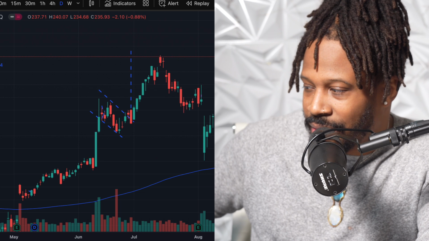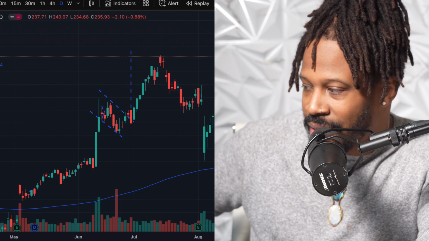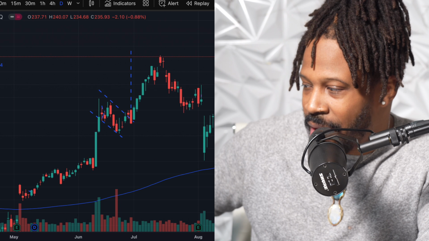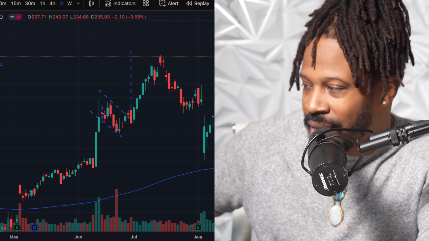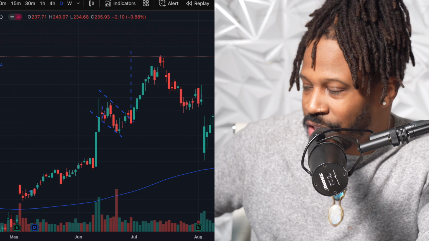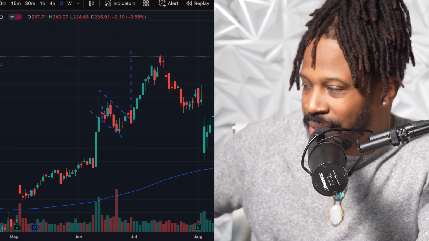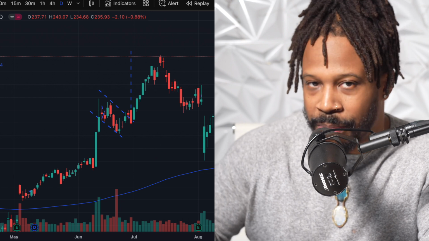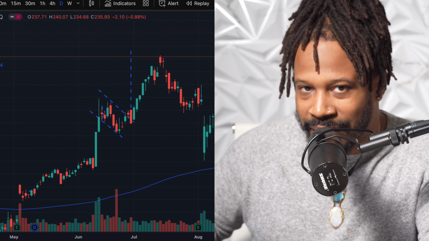So as you can see here on Apple, we got 2 consecutive green candles, right? And then we got some downward movement, and then you see it bottom out before reversing and going up. Now, if you see these 2 trend lines that I drew on the bottom and the top of the pullback, you will see that that is a flag. And typically on a bull flag, the flag is waving downward, representing a pullback, right?